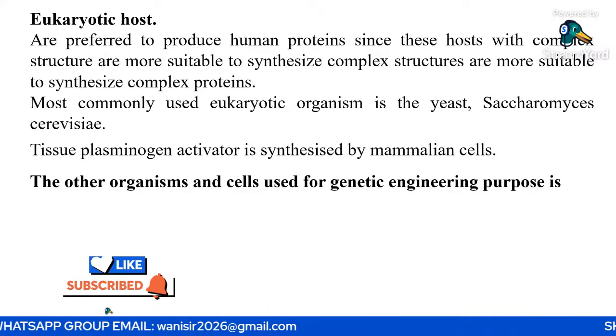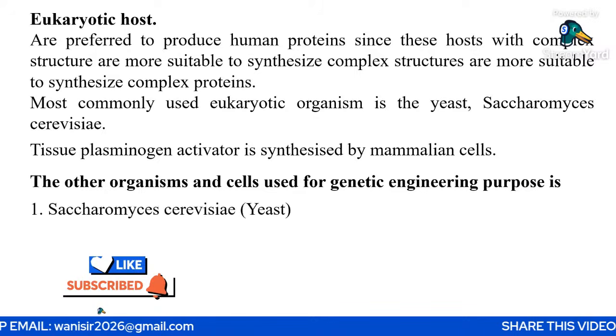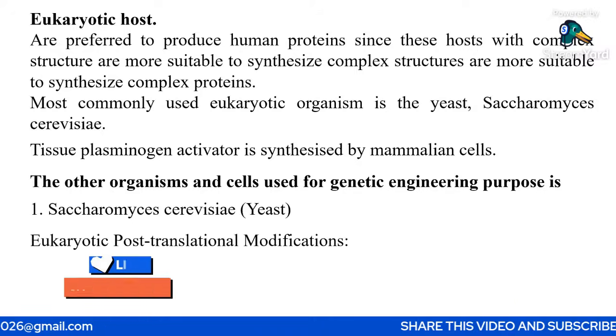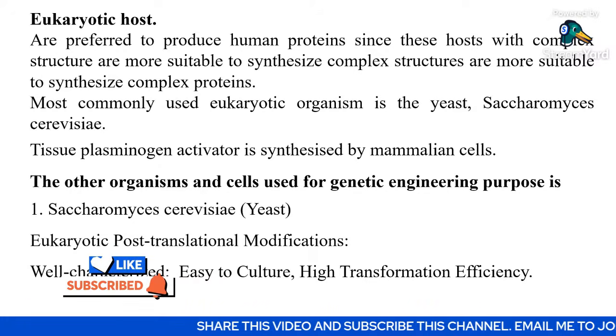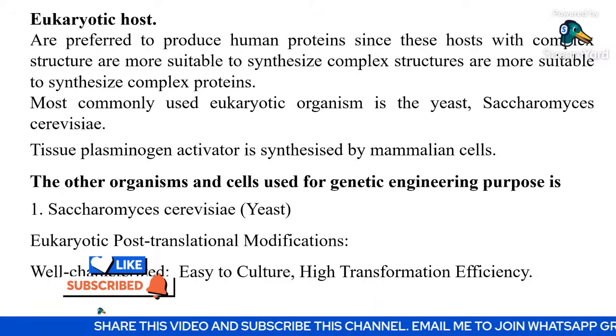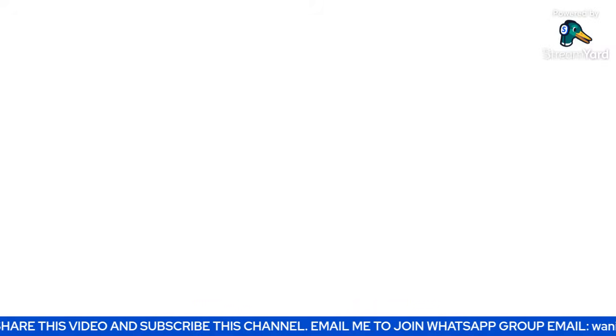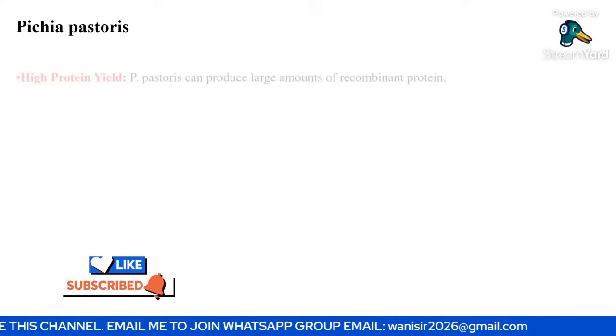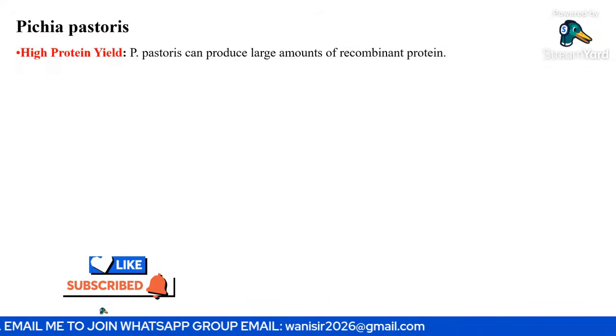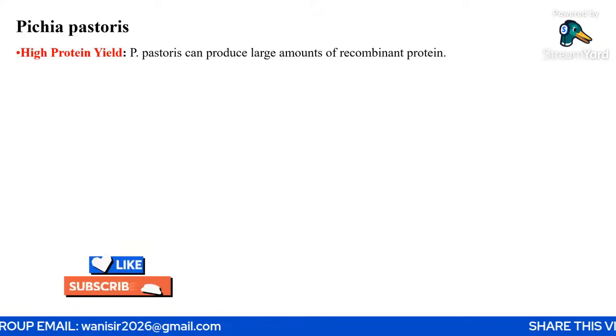Another organism used for genetic engineering is Saccharomyces cerevisiae, where eukaryotic post-translational modification happens. It is well characterized, easy to culture, and has high transformation efficacy. Then there is Pichia pastoris, which gives high-yielding proteins. If we need high-yielding proteins, we use Pichia pastoris.